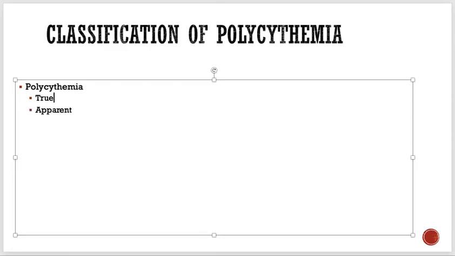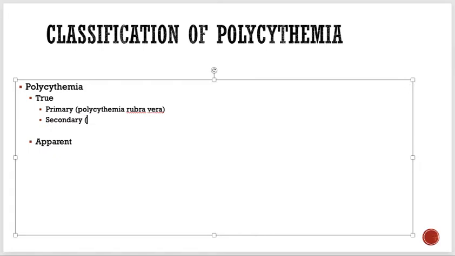Whenever it comes to true polycythemia, it could be primary, or it could be secondary to some other conditions. Whenever it is primary, we call it polycythemia rubra vera. This is the name which we give to the primary polycythemia.